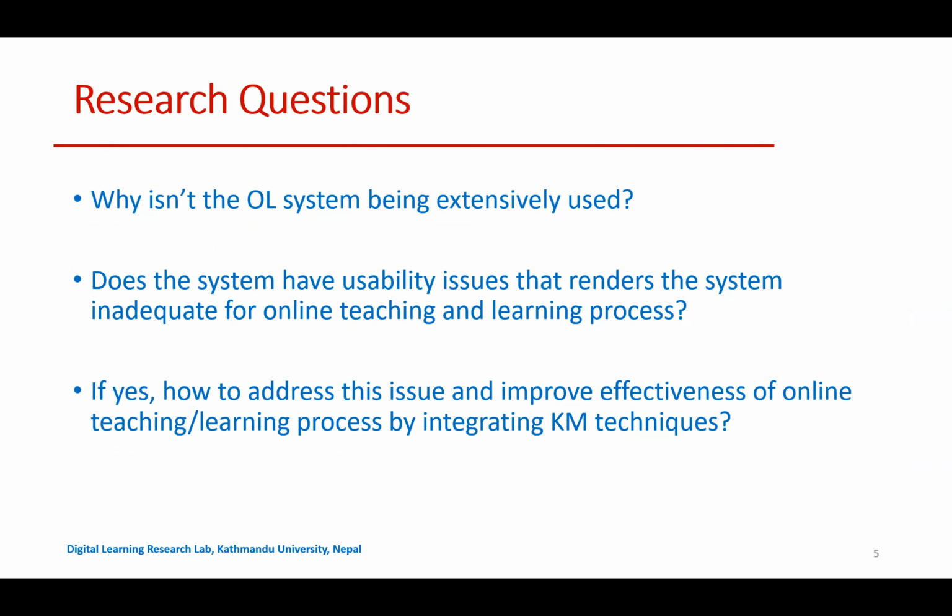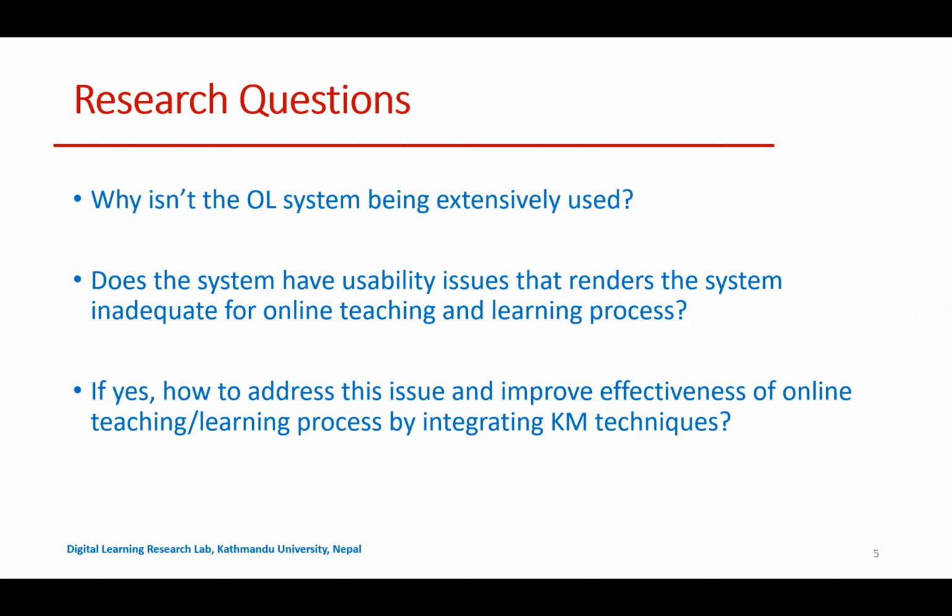These questions are formulated to find the problems and solutions in the current e-learning systems from the usability perspective of the educators. So this mostly addresses why the system is not being used. Are there any problems or issues in the system that make it inadequate for the online teaching and learning process?